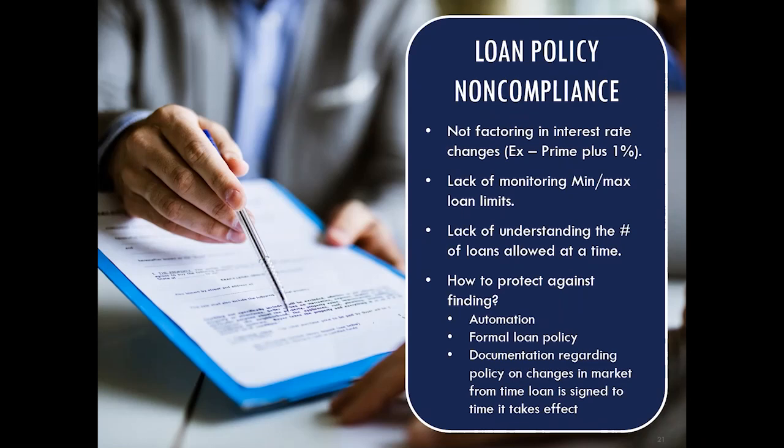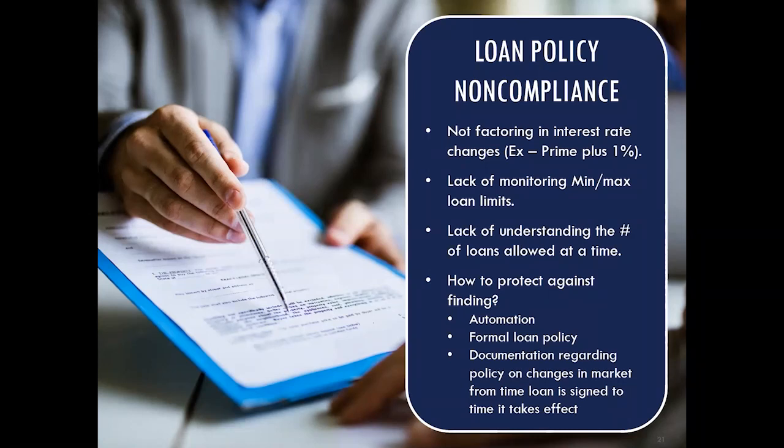Loan policies also should indicate that a participant cannot take a loan out for more than $50,000 or more than 50% of their vested balance, whichever is lower. So it's important to monitor the loan amount requested versus the vested balance in the participant's account to ensure you don't allow loans outside of that limit.